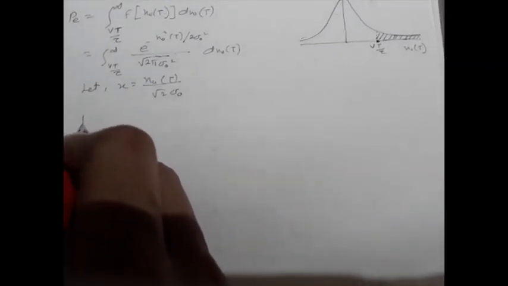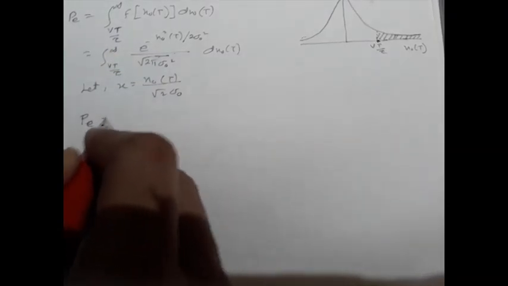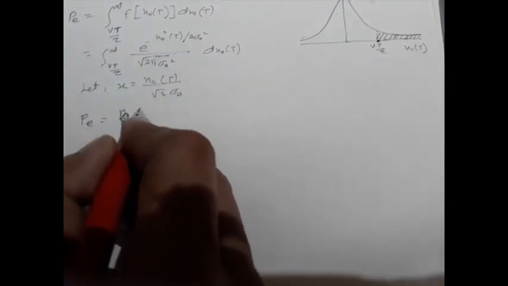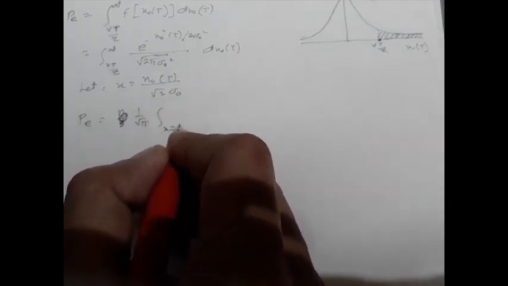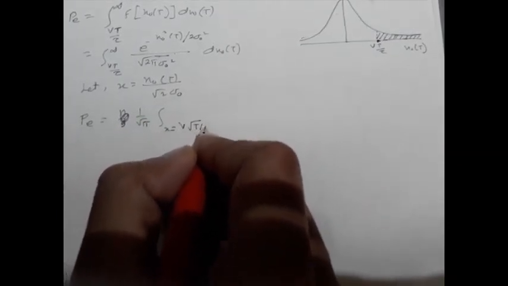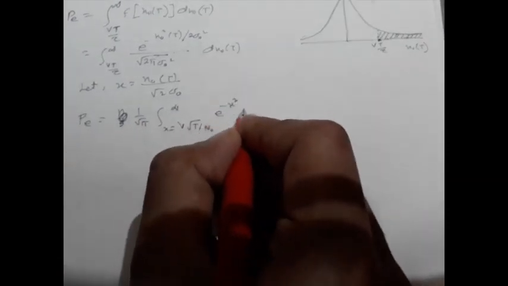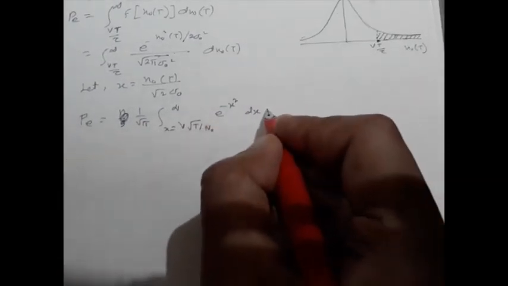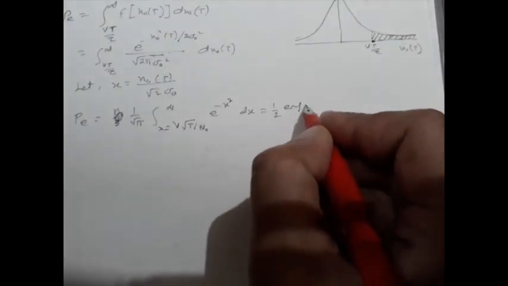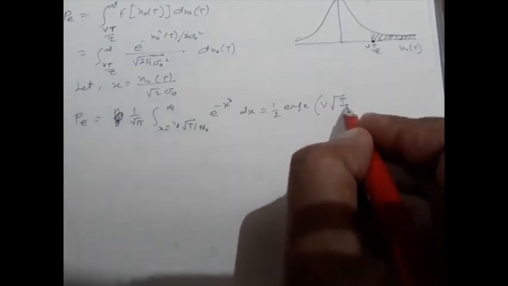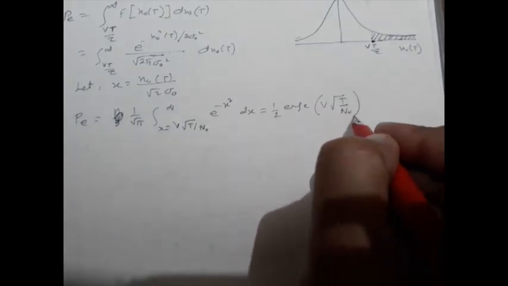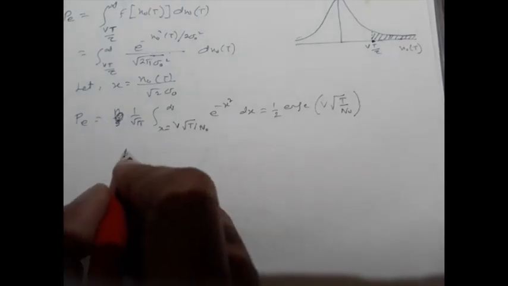Putting this in the expression of PE, you can write 1 by root pi, integral from x equal to V root over T by N0 to infinity of e to the power minus x square dx, which is the complementary error function with the argument of V root over T by N0.